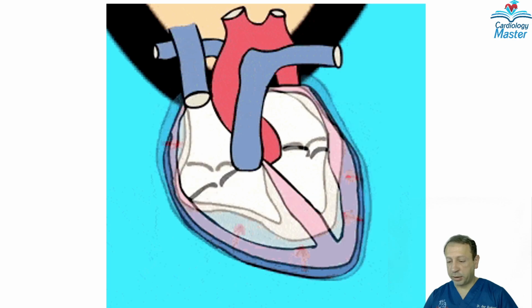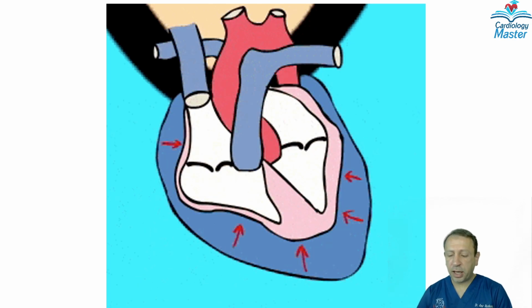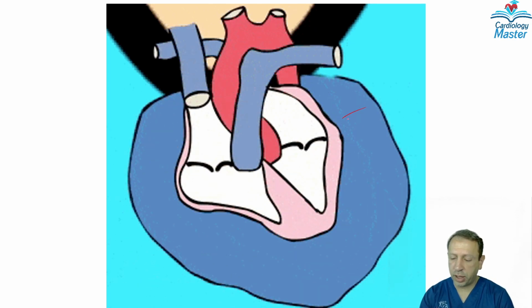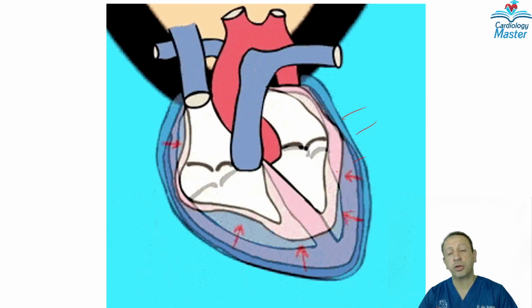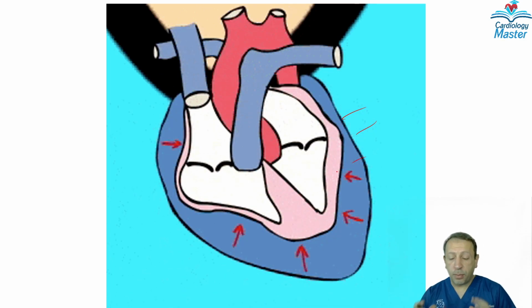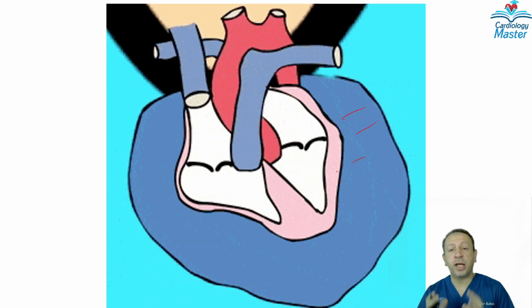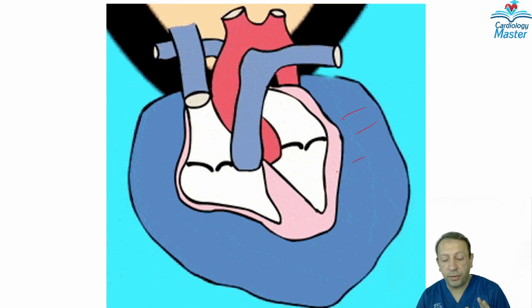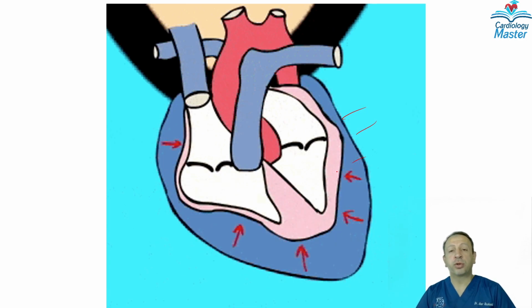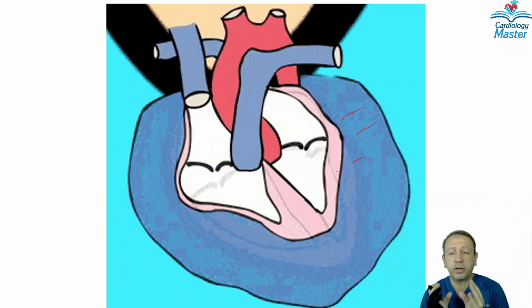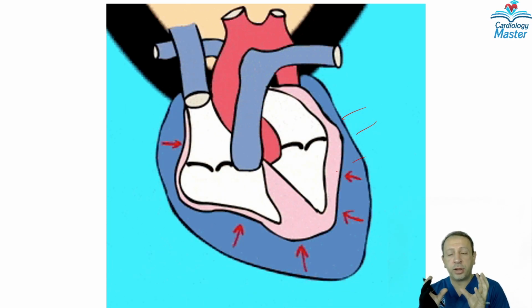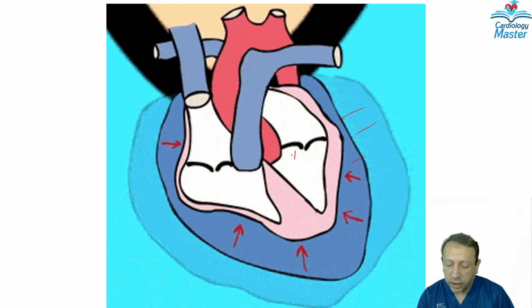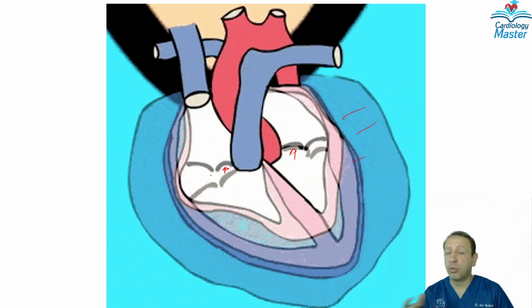What happens exactly? This rapid accumulation of fluid will increase the intrapericardial pressure. This intrapericardial pressure will be reflected on the heart. But which cycles of the heart are affected? During systole, the heart contracts and the pressure inside the ventricle increases, which is normal.